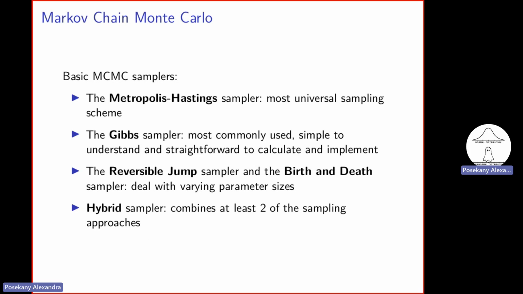So Metropolis-Hastings sampling is the basic backbone of Markov chain Monte Carlo sampling. It is a super universal scheme because this is the adaptation of the accept-reject algorithm for the Bayesian posterior marginal sampling. This is nice, but it's tough because acceptance-rejection sampling is inefficient, usually.